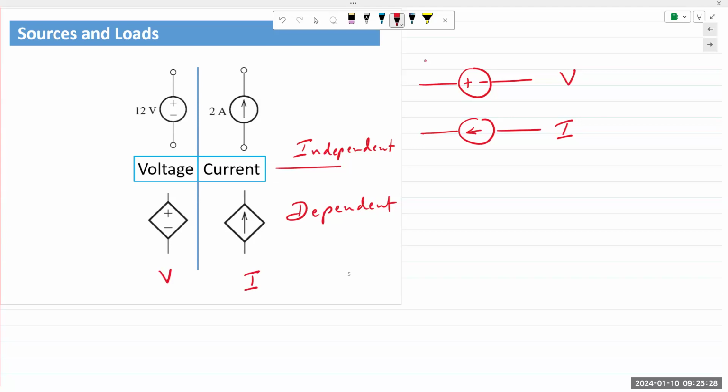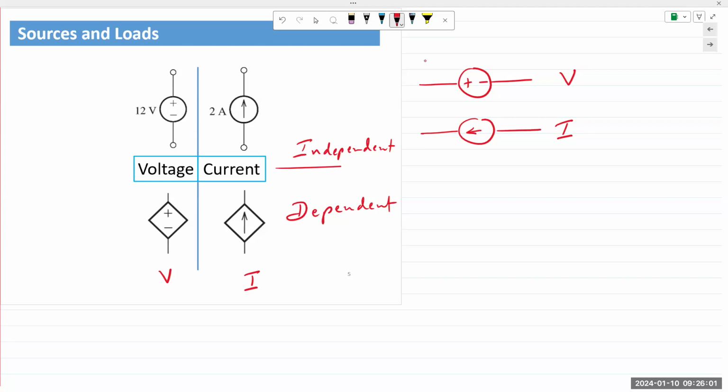A dependent voltage source supplies a voltage value, but it depends on some other part of the circuit to supply that quantity. Similarly, a dependent current source supplies that current at that point in the circuit, but it depends on some other part of the circuit in order to supply that value. And it is used mostly for theoretical analysis purposes.